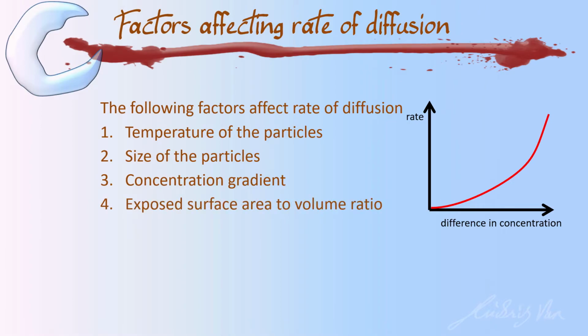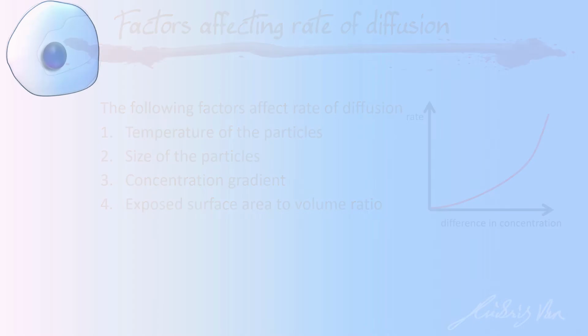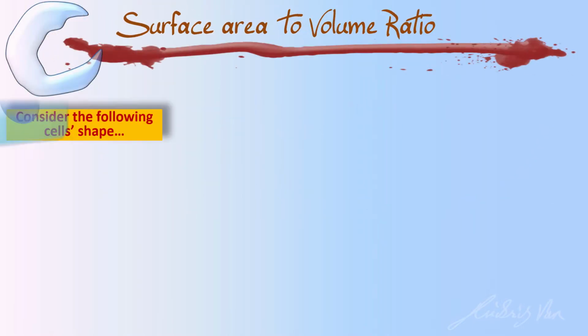Finally, something which we will go into greater depth, which is the exposed surface area to volume ratio of, let's say, a cell or a tissue. So you might be thinking, what is it? So consider I have 3 cells with 3 different shapes.